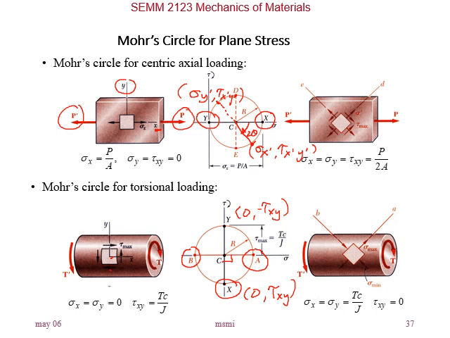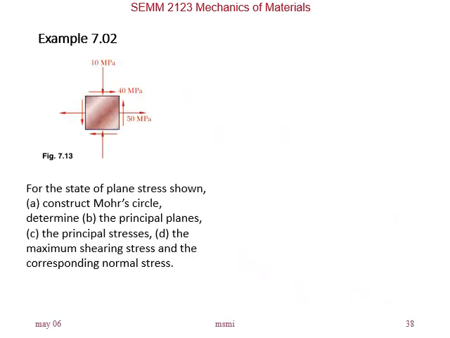Therefore, you know that the plane where principal stress occurs will be 45 degrees on the actual object outside. Okay, it's 45 degrees. Right? So that's the tip for you. You have to remember those clues. They are very important to help you solve your problems in a test or examination.